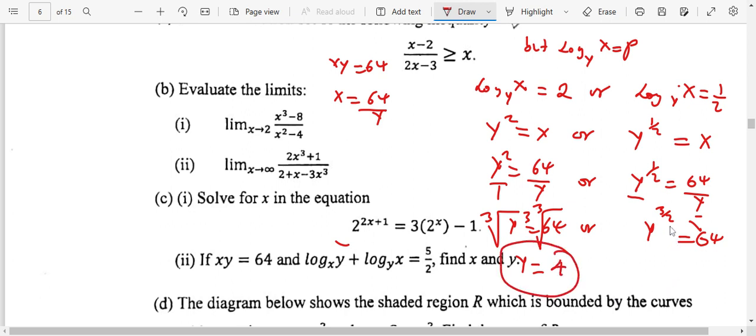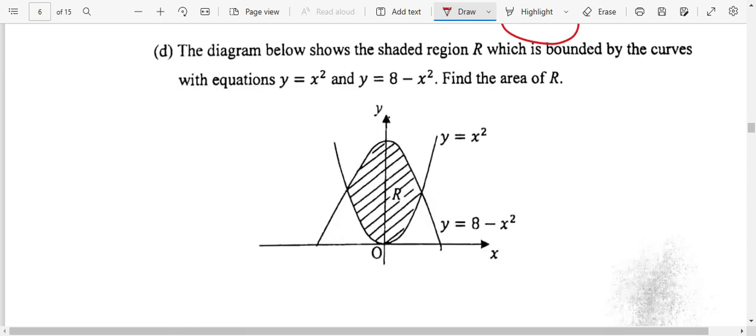That is 4. And to solve this one here, since it is power 3 over 2, I'm going to multiply on top by 2 over 3. Also this side by 2 over 3, meaning that y is going to be 64 to the power 2 over 3.